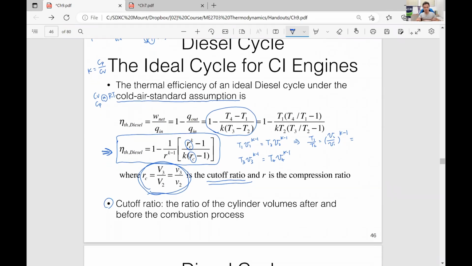The cutoff ratio is the ratio of the cylinder volumes after and before the combustion process, because this combustion process takes place under constant pressure. R is the compression ratio, which is a volume ratio. Cutoff ratio is also a volume ratio.